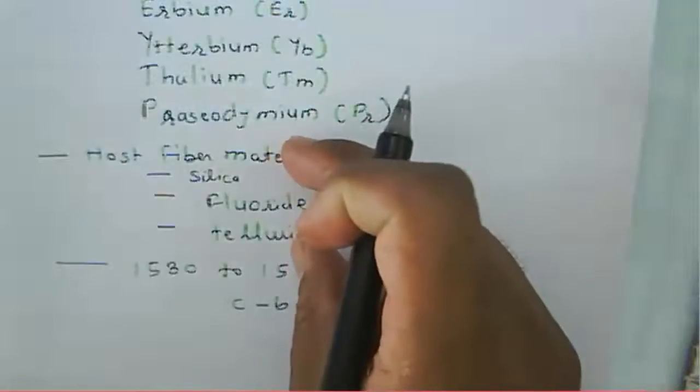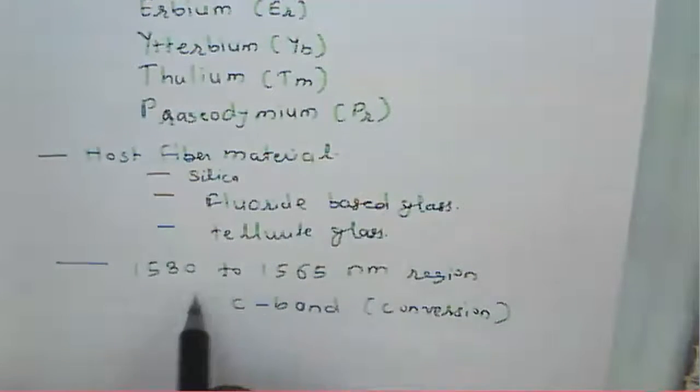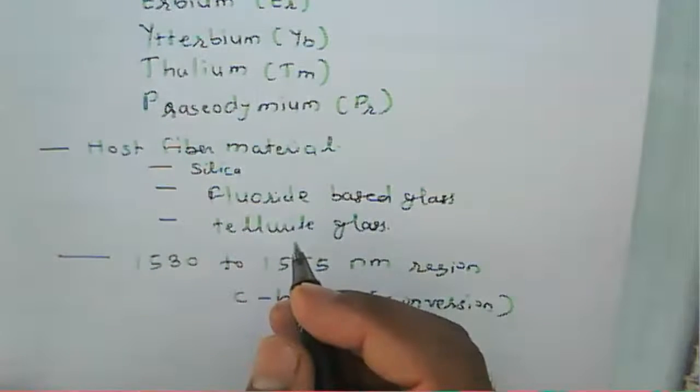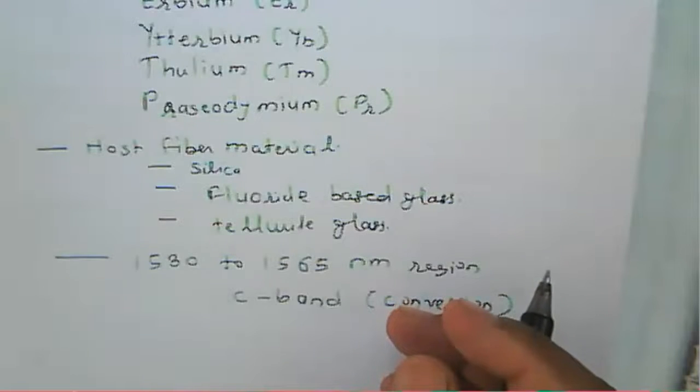Now we can use various combinations of this rare earth element and this fiber, and then we can increase the band of operation of this erbium doped fiber amplifier so that it can operate in the S band, or the L band.